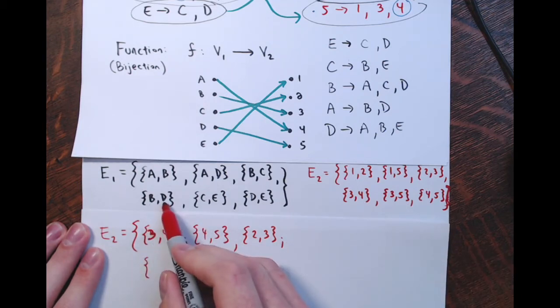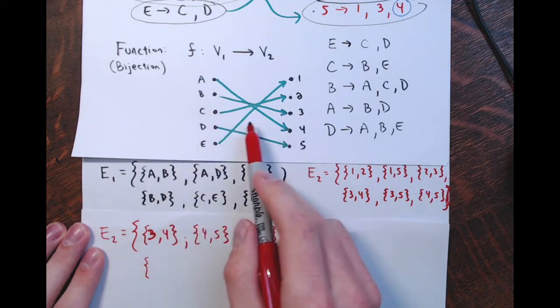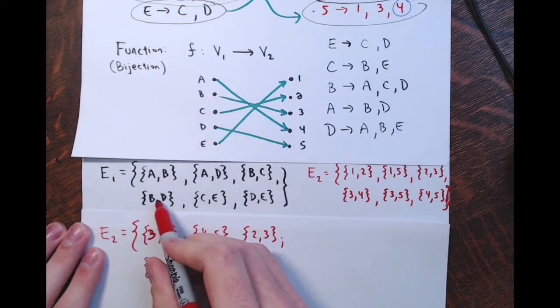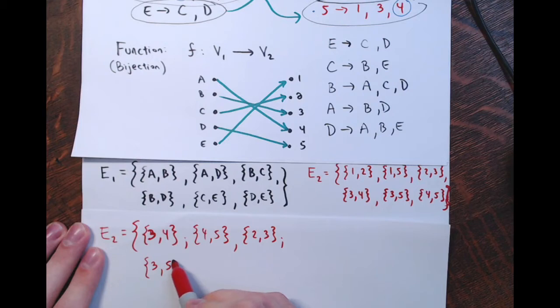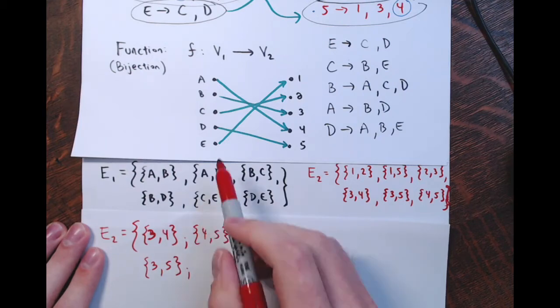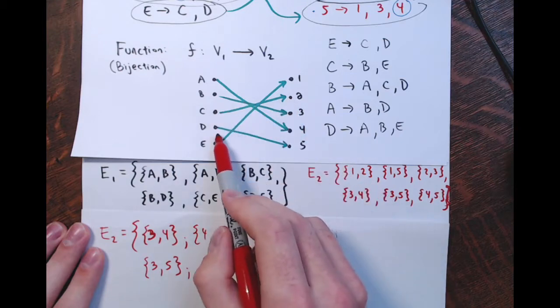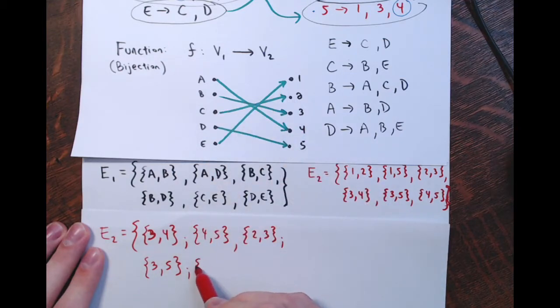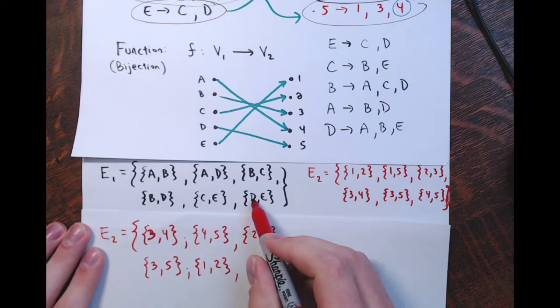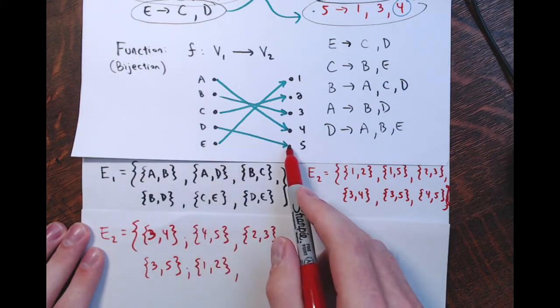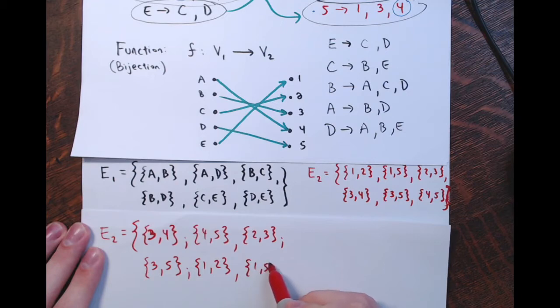Then BD, B went to 3, D went to 5, so the edge BD corresponds to the edge 3, 5. CE, C went to 2, E went to 1, so CE corresponds to the edge 1, 2, and DE, 5, 1 corresponds to the edge 1, 5.